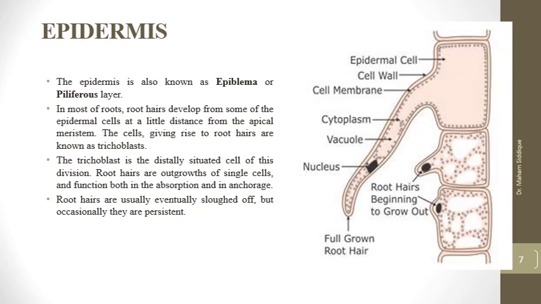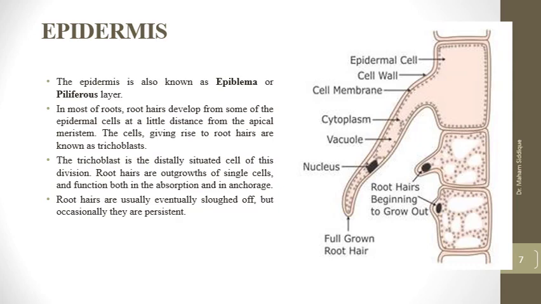Root hairs are outgrowths of single cells and function both in absorption and in anchorage. Root hairs are usually eventually sloughed off, but occasionally they are persistent.